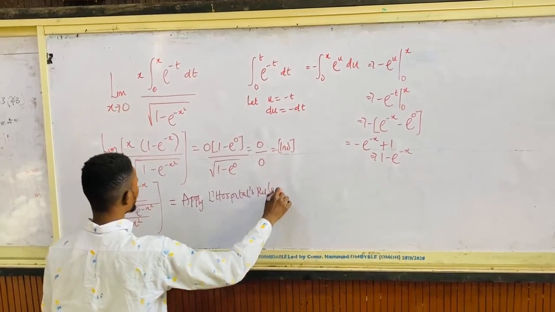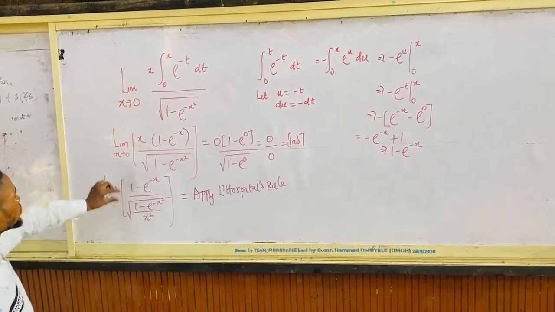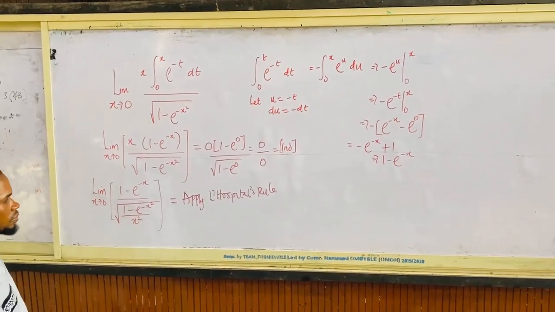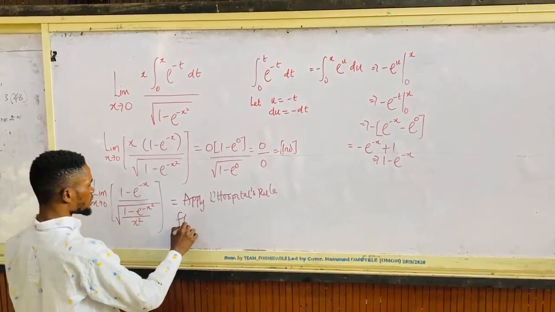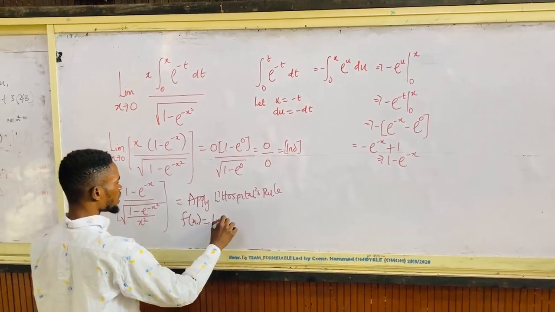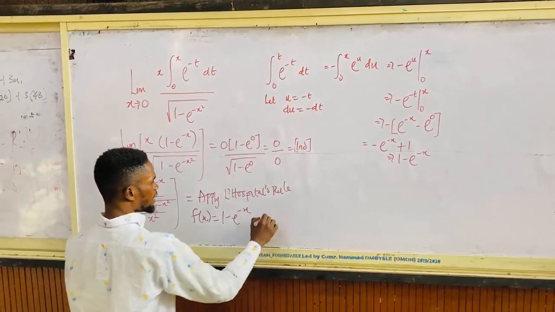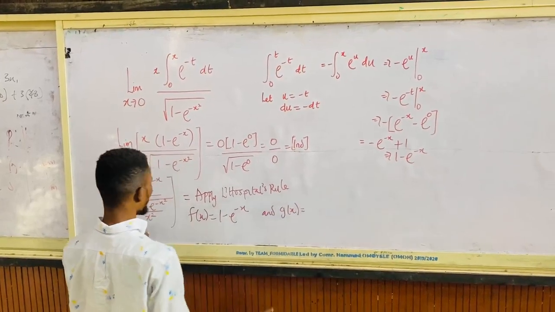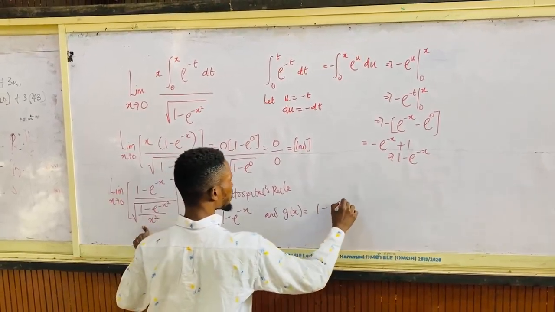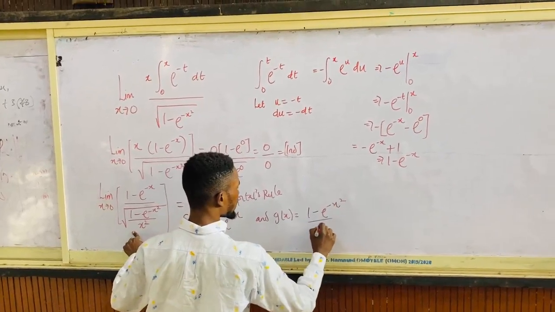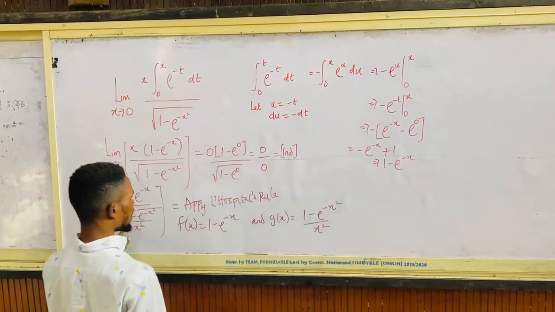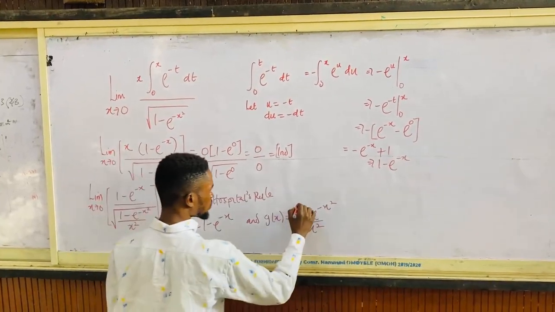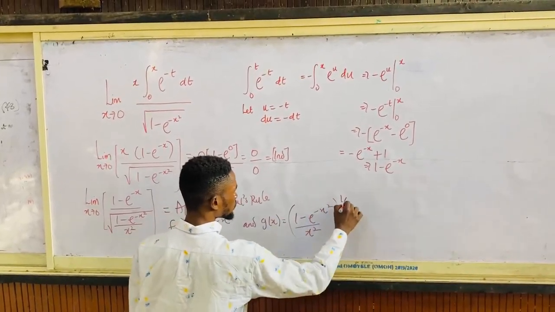Apply L'Hospital rule to this function here, where f of x is 1 minus exponential minus x, and g of x is 1 minus exponential minus x squared all over x squared, raised to the power 1 over 2.